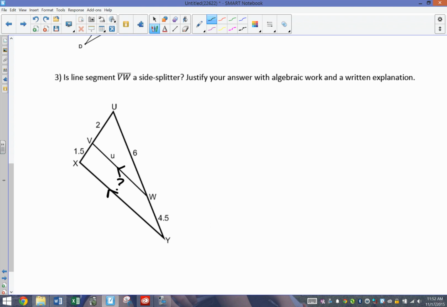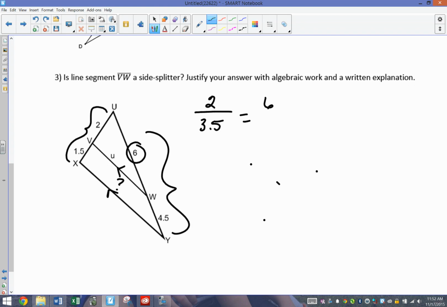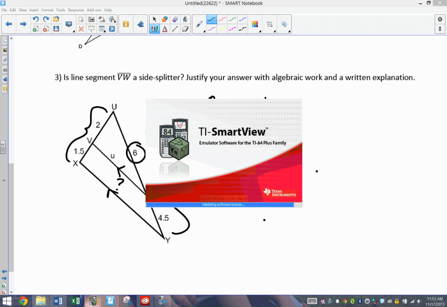It's also a side splitter if top to whole equals top to whole over here. So if I were to take these and figure out if these fractions are equivalent, you can do it right on the calculator and see if the fractions are equal.